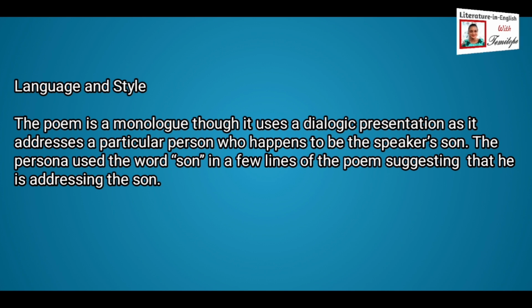Now in these lines of the poem, the poetic persona has repeated the word son. It shows that the speaker is actually talking to the son, telling the son about the differences between childhood and adulthood and how he has tried so hard to adjust to adulthood, and also how he has tried so hard to do whatever they are doing at that period and not conform with the life he had already learned in the past.